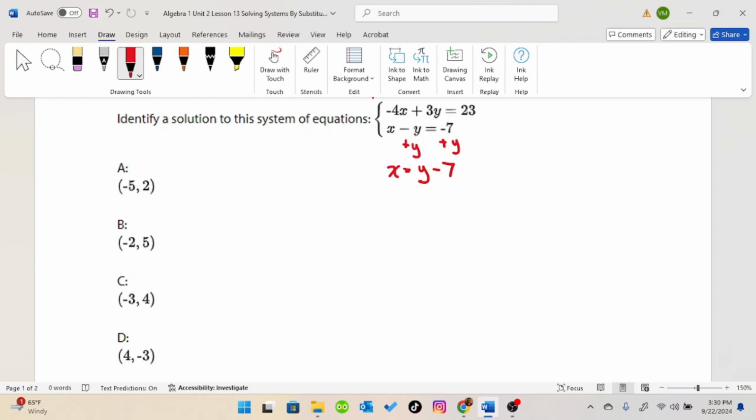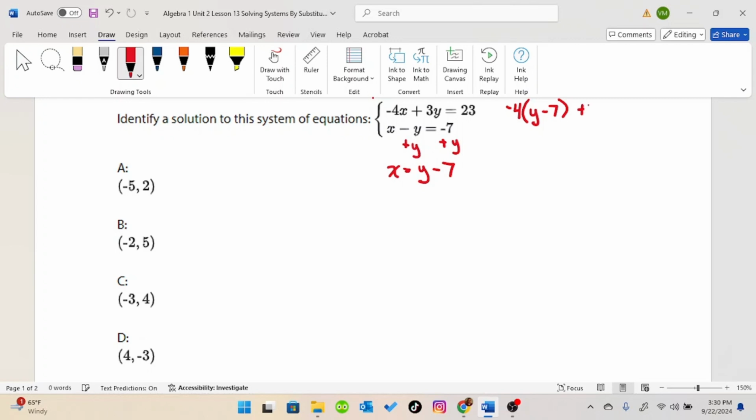So now if I know that x equals y minus 7, I can take the original equation, the negative 4x, but instead of writing x, I'm going to substitute in y minus 7, because I just said that is equal to x.